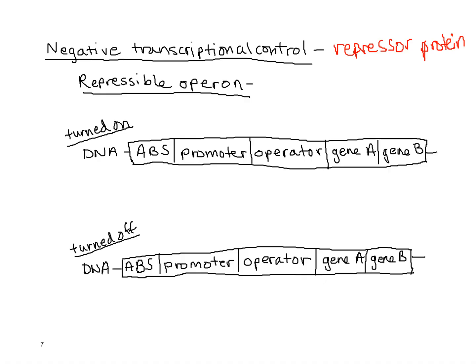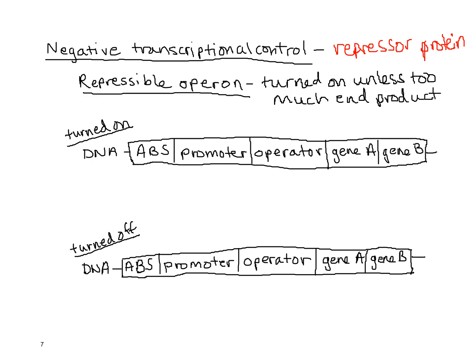And then just the definition of a repressible operon: remember that these are always going to be turned on unless there's too much end product. The end product in this case would be tryptophan.